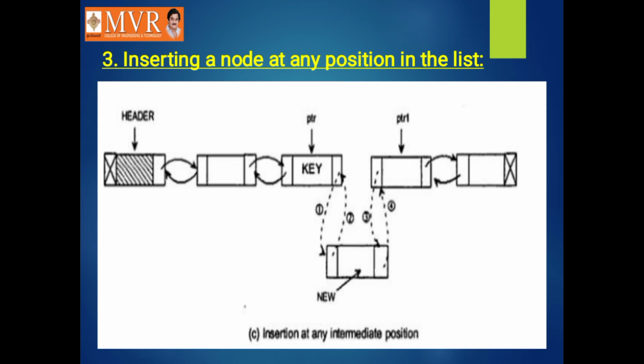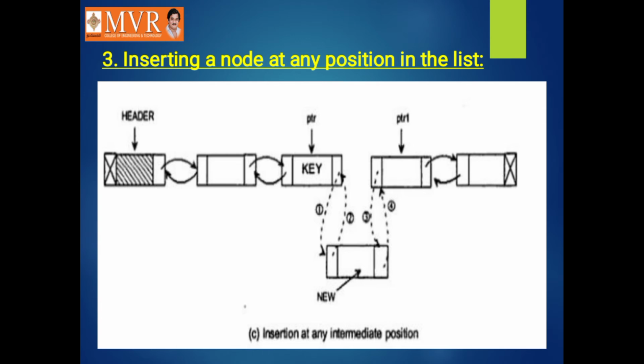First we start from the header node. As I have mentioned, the header does not contain the left link and also the data part, so by using the header's right link, we move to the first node, and from the first node we move to the next node by using the pointers.